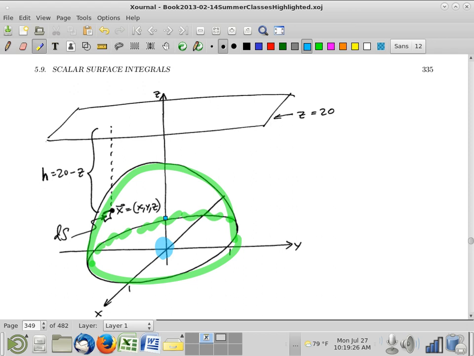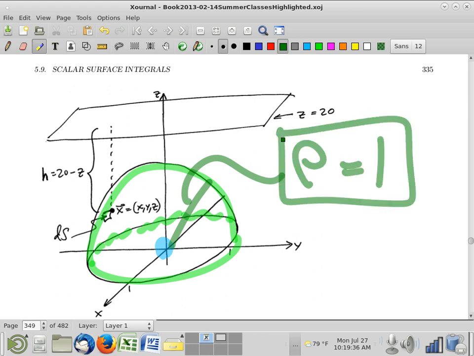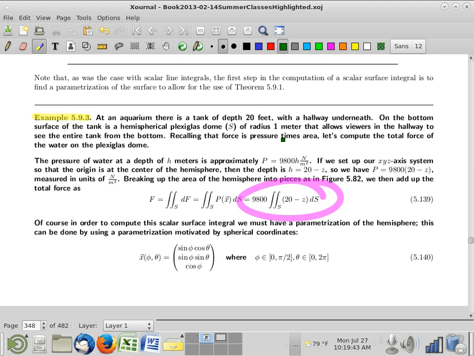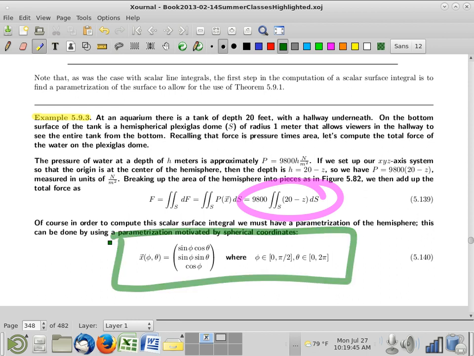So the spherical parameterization, noting that rho is equal to 1, is how we write that in spherical coordinates. And with rho equal to 1, I get this parameterization. Are you on board? Okay.